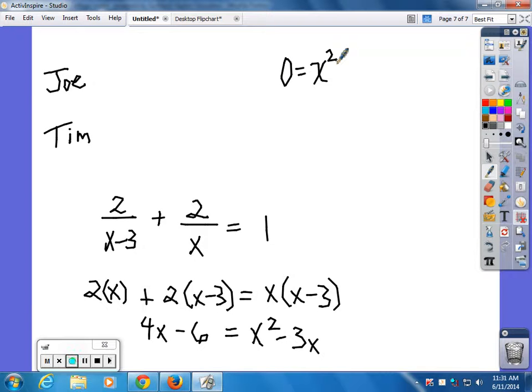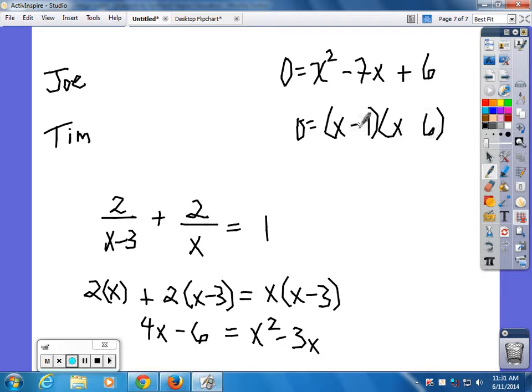Negative 3x minus 4x is negative what? 7x. And bring this over, be a positive what? 0 is equal to x, 1, 6, be a negative and a negative. So our possible answers are 1 hour and 6 hours.